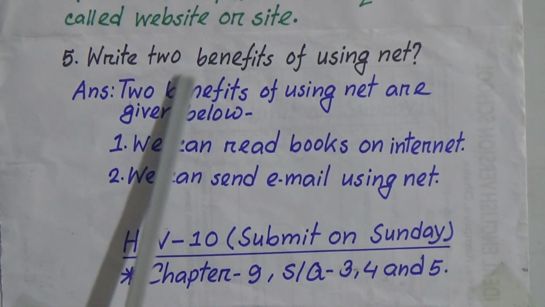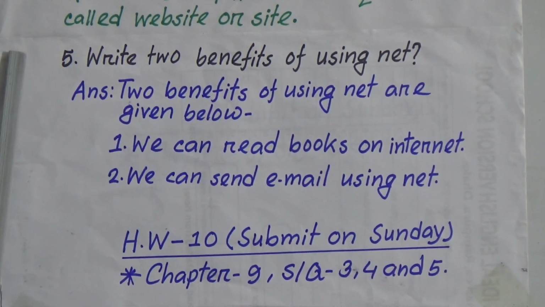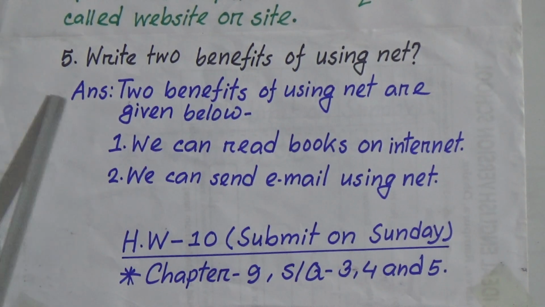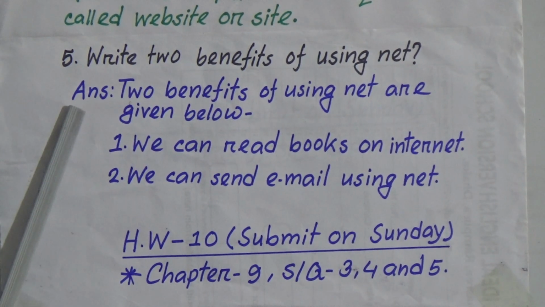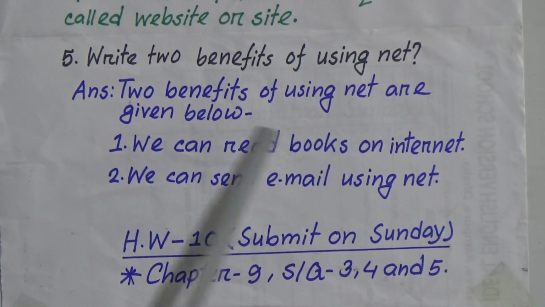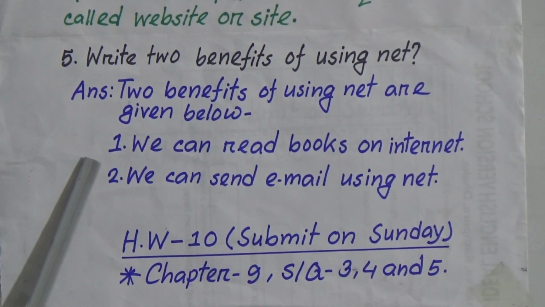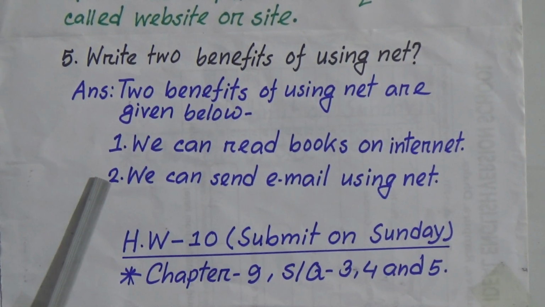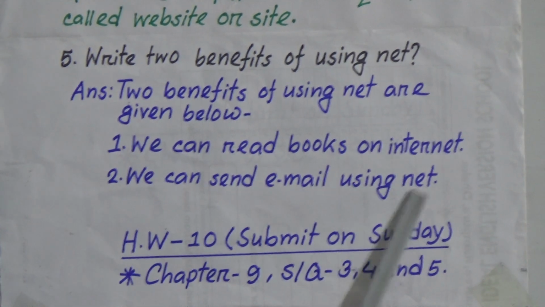Only you have to write 2 benefits. I am not repeating this question. Answer, 2 benefits of using net are given below. We can all call net or internet the same word. Number 1, we can read books on internet. Number 2, we can send email using net or internet.